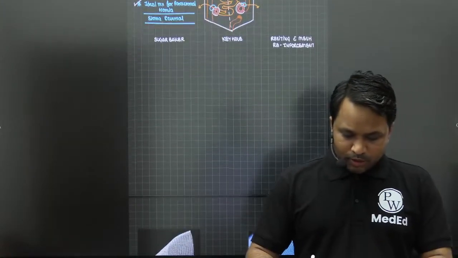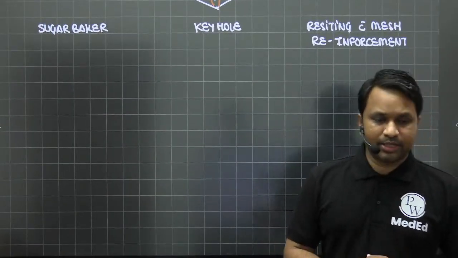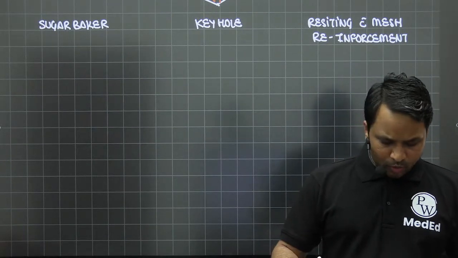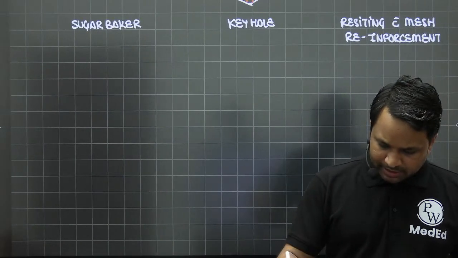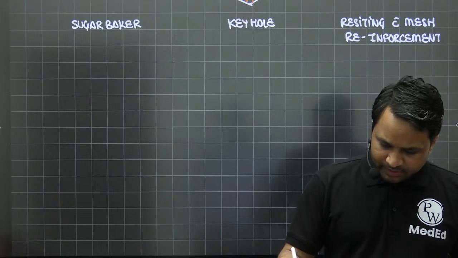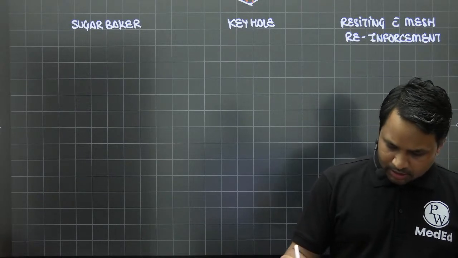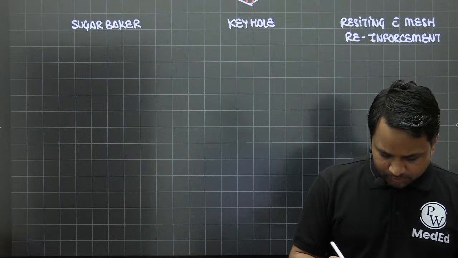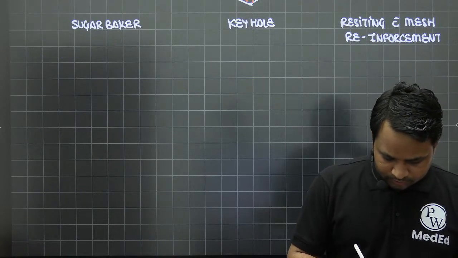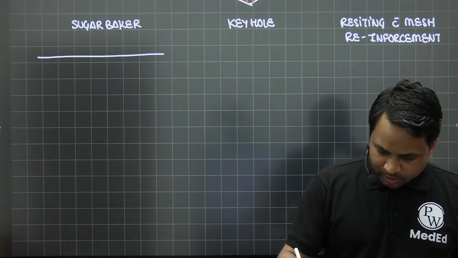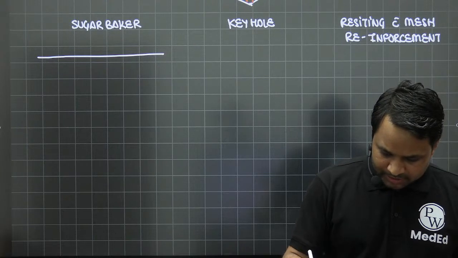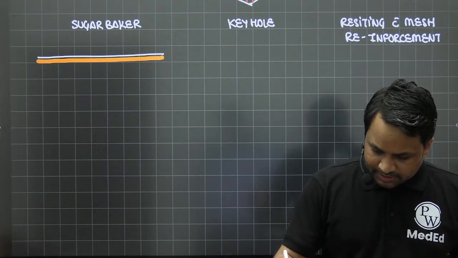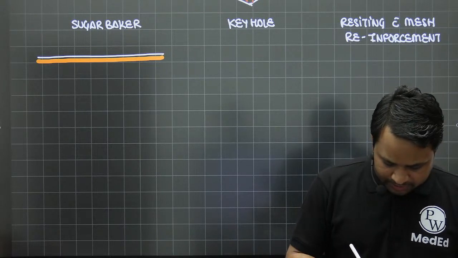So let's understand what is Sugarbaker, what is keyhole, what is resiting with mesh reinforcement. In Sugarbaker's technique, let's say this is the abdominal wall. This is the subcutaneous fat, and this is the muscular layer that we have.